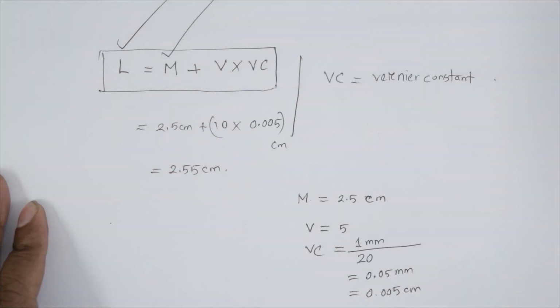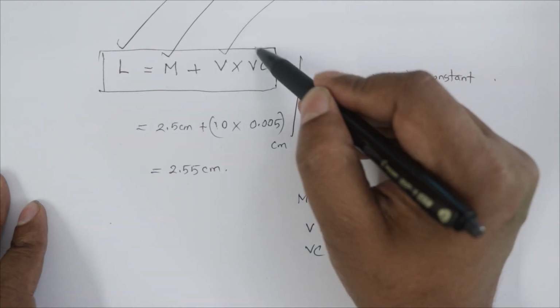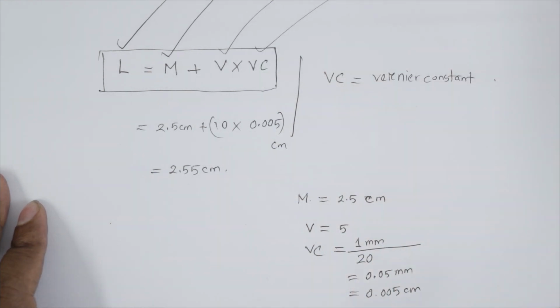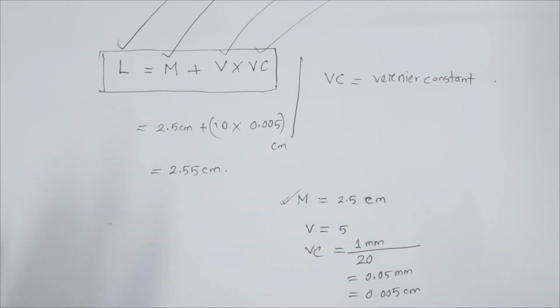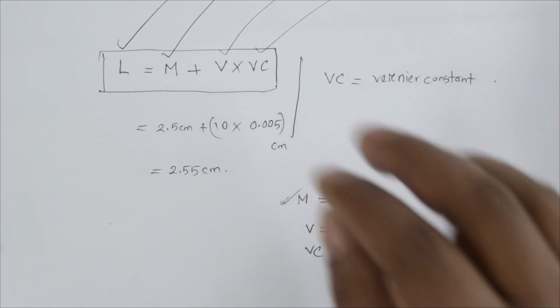M is the main scale reading, V is the Vernier scale coincide, and VC is the Vernier constant. Here the main scale reading is the reading on the main scale before the 0 mark of the Vernier scale.